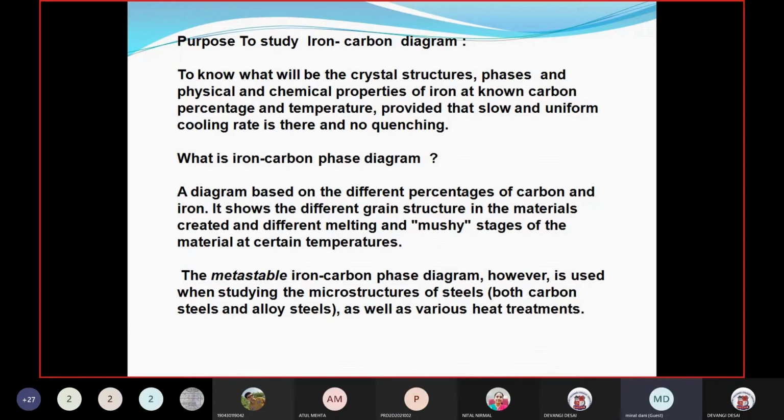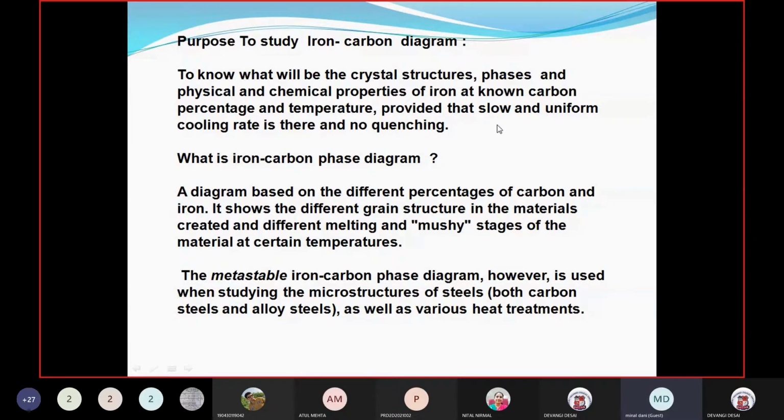In the iron carbon diagram, the different phases that are present have their own identity, and you can categorize different steels. This diagram is drawn on equilibrium condition with fixed temperature, fixed weight percentage of carbon and fixed pressure.